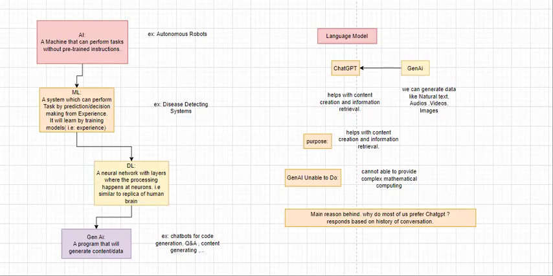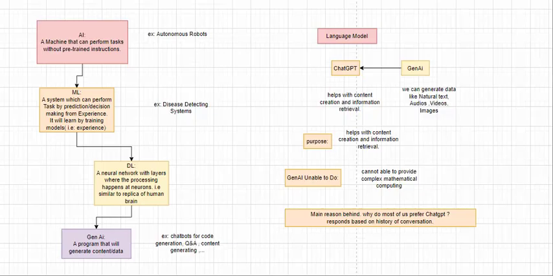How much data was ChatGPT trained on? For training, at that time, they used 50 GB plus data. And coming to parameters, these are very important. If you are developing any GenAI application, two things are very important: one is training data, and the second is parameters.